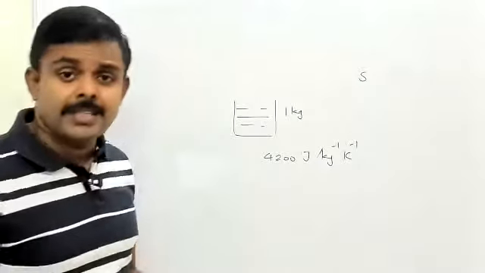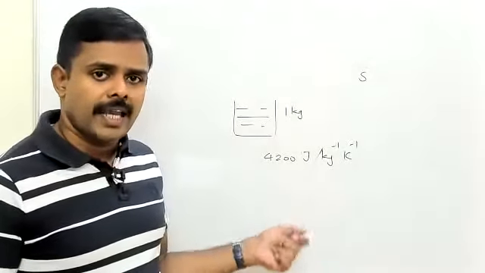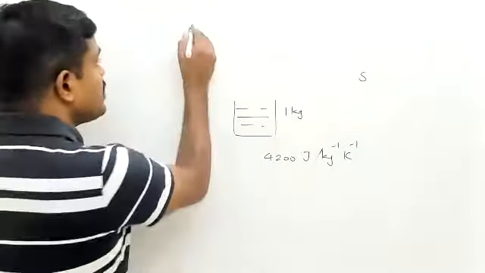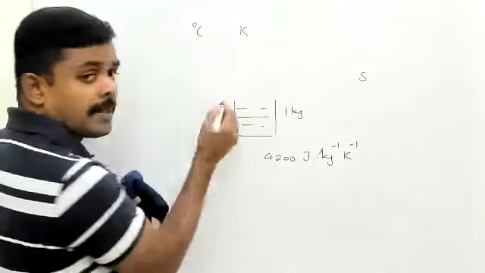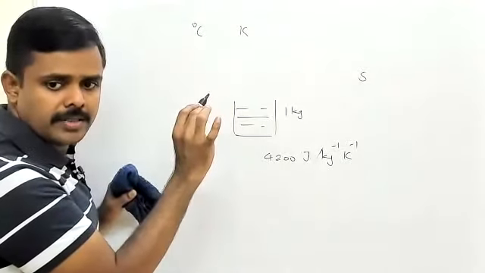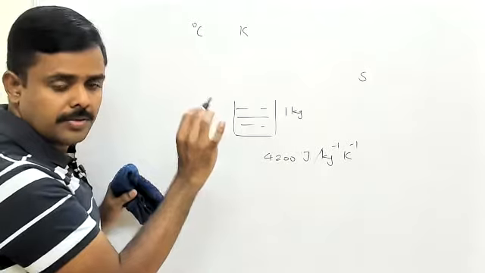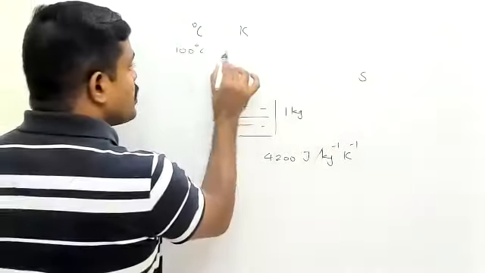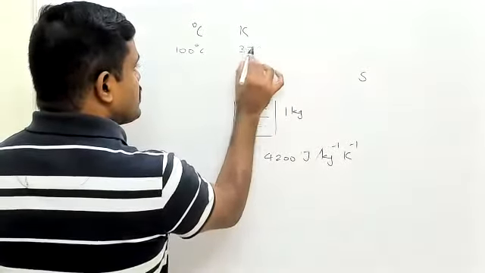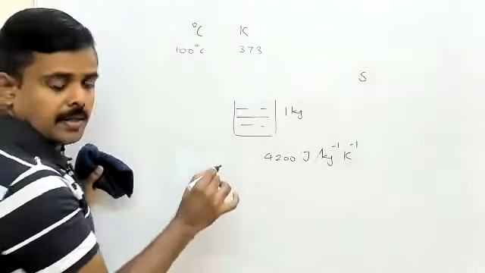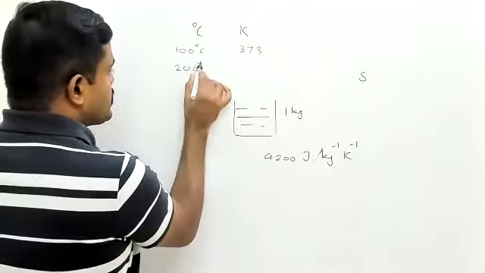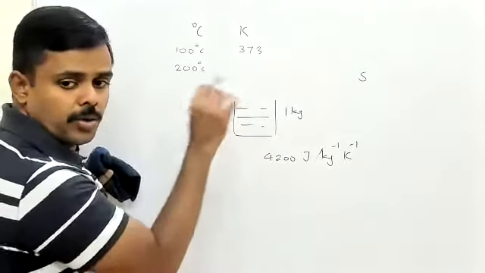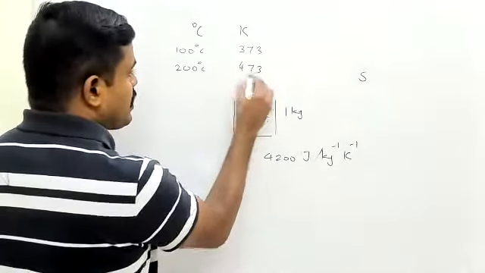4,200 joules of heat if you want to raise the temperature by 1 Kelvin or 1 degree Celsius. Since it is a temperature change, it can be either Kelvin or Celsius. Take 100 degrees Celsius: in Kelvin, 100 plus 273 is 373. 200 degrees Celsius is 200 plus 273, that is 473.